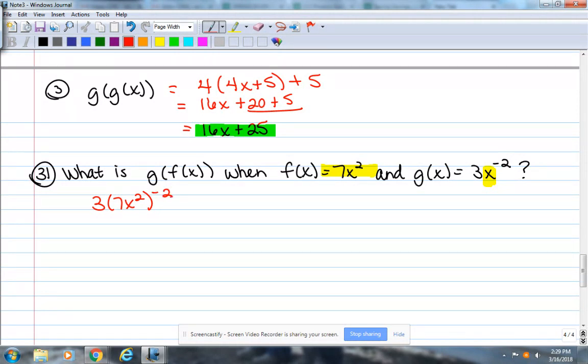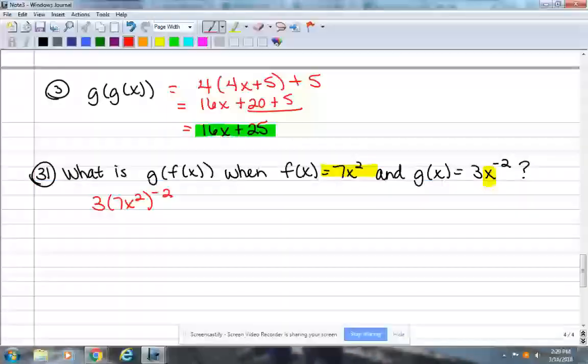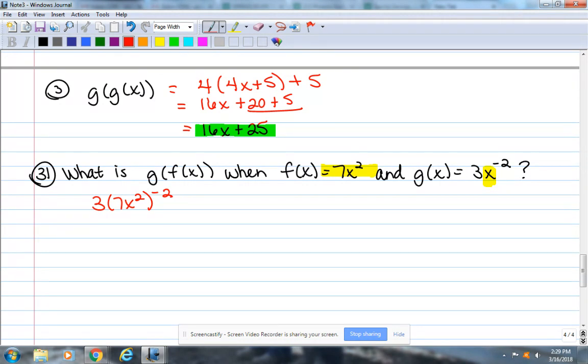So what do you think is the first thing we got to do? You could. Or you could just give everything in parentheses the negative 2 power, right? Yeah, let's do that. That's what I would do first, just fix my parentheses.